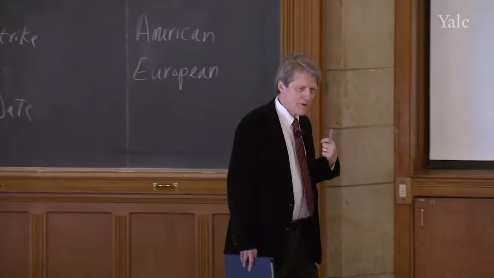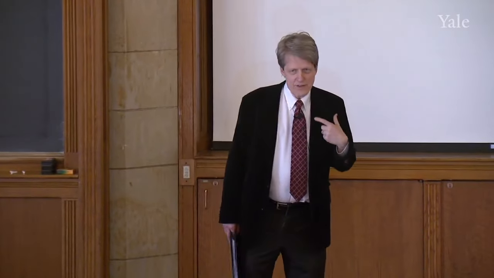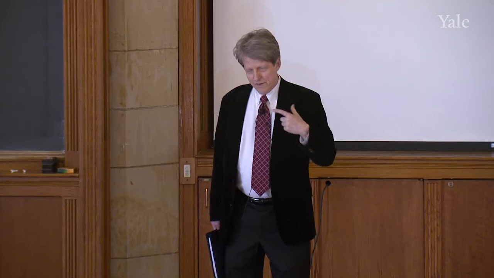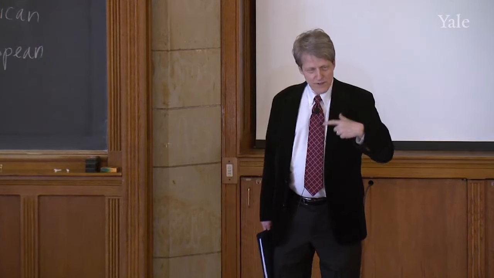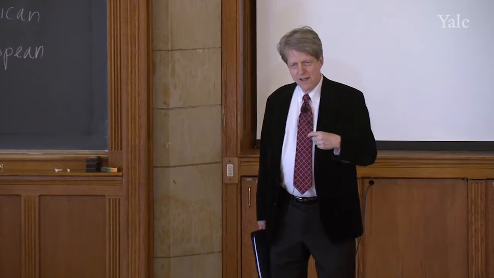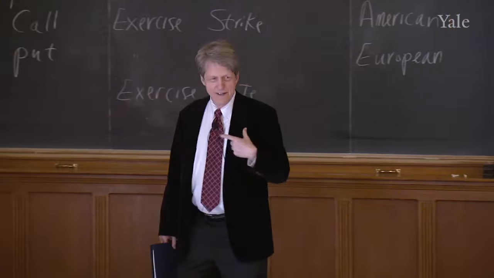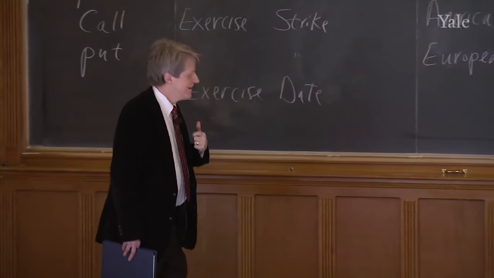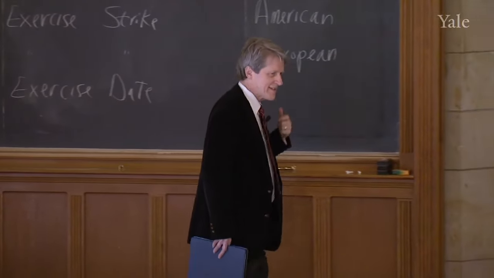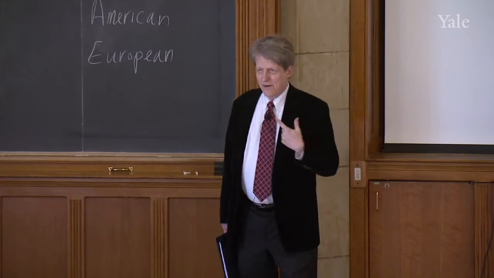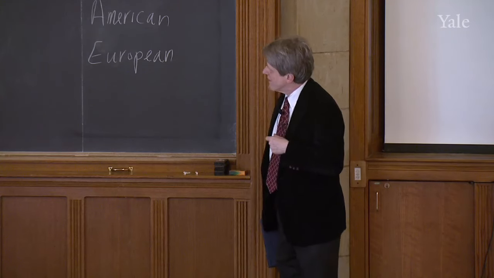An ordinary home mortgage has an option characteristic to it, in the sense that if the price of your home drops a lot, you can just walk away from the mortgage and say, I'm out of here. It's like not exercising an option. It's analogous. Or I can choose to prepay a mortgage early, and that's like exercising an option. So option pricing gets into all sorts of things.